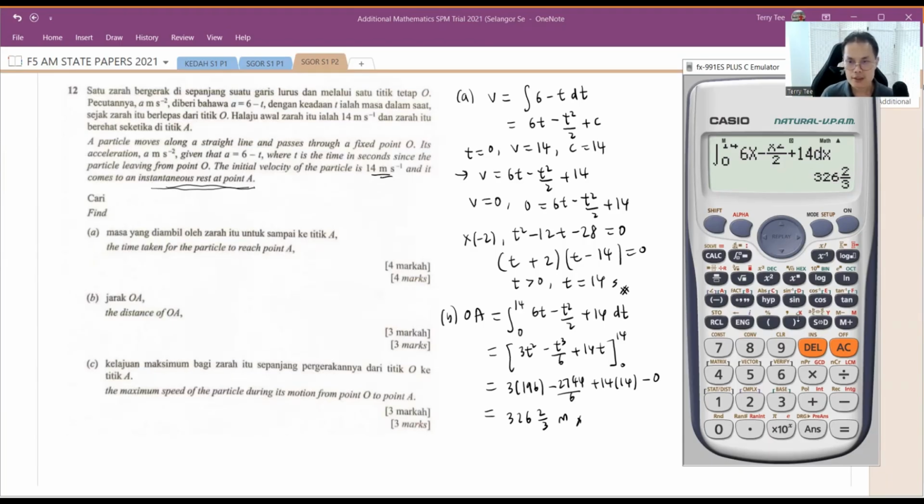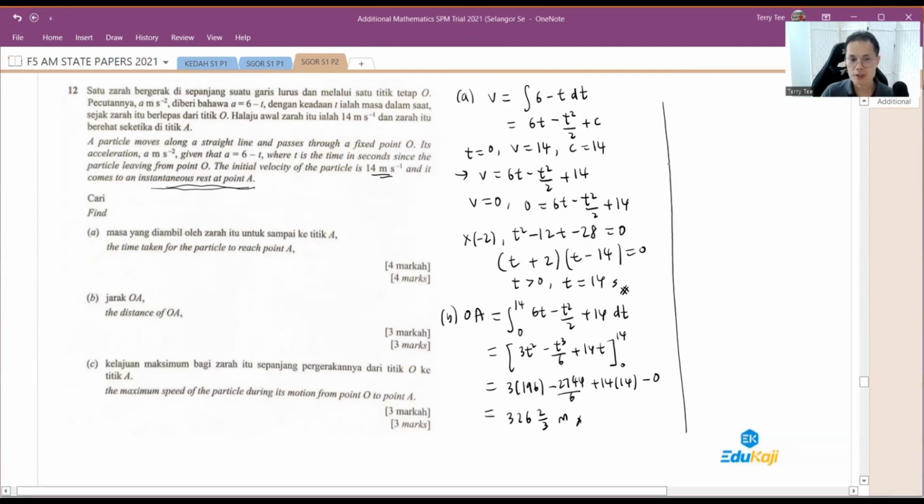Okay, finally, the maximum speed for the whole journey from O to A. Maximum speed happens when your acceleration is 0. So we take out a, we let it be 0. Your t is 6. Very simple. We just substitute this into your velocity function over here. 6 times 6 minus 6 squared over 2 plus 14.